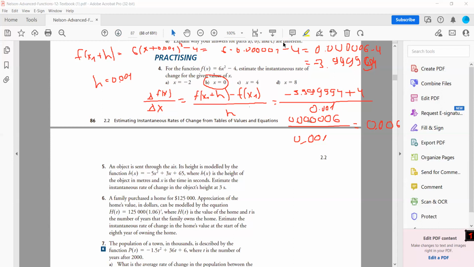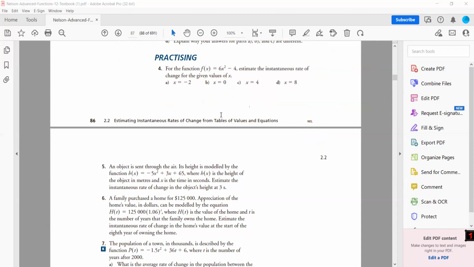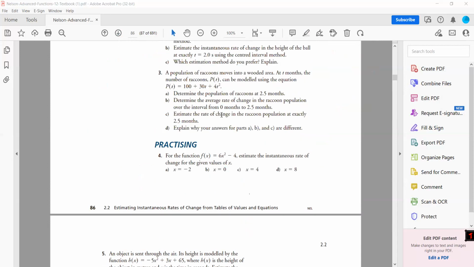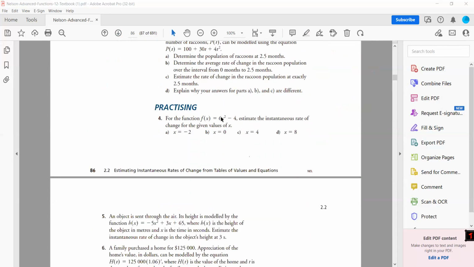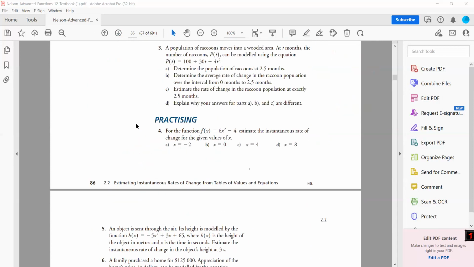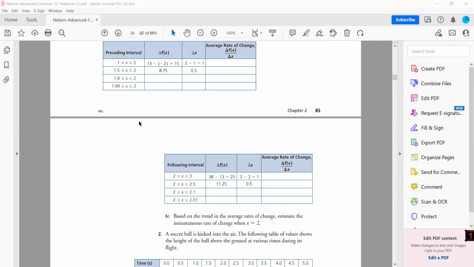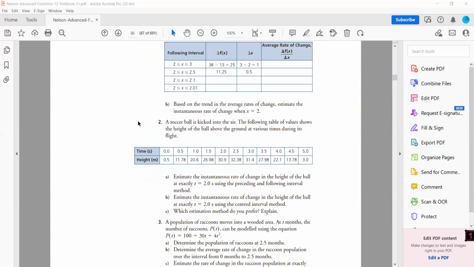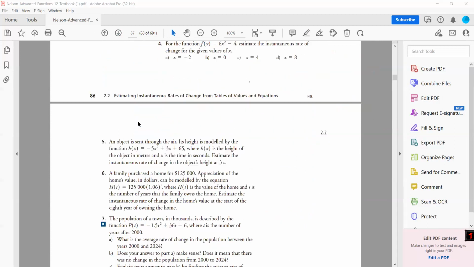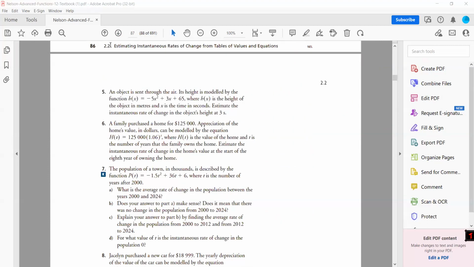There is the example I just solved for the instantaneous rate of change. So, would you mind doing example 5? I'll do it together with you, and you'll do example 6.